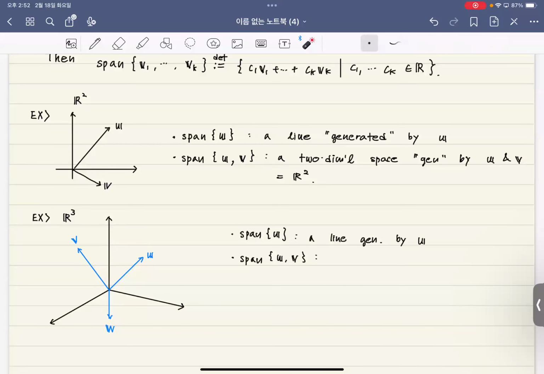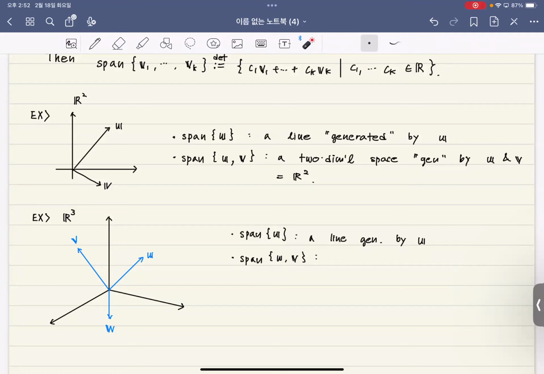Now what? Oh, sorry, my handwriting is getting messier. This is u and this is v. What about the span of u and v? This time, it is nothing but the collection of all linear combinations of vectors u and v. Again, just play with these two vectors.